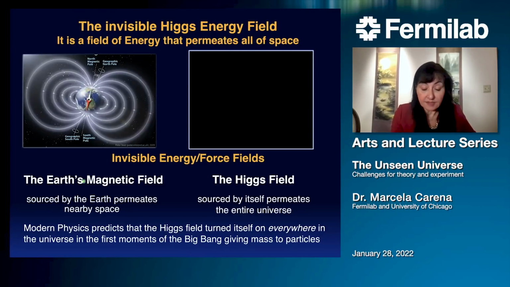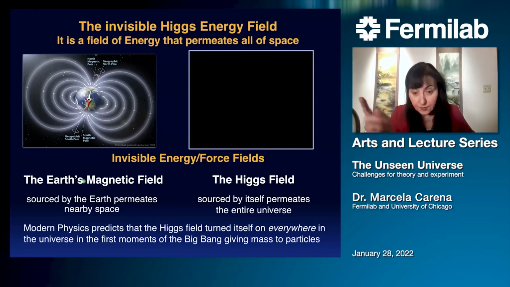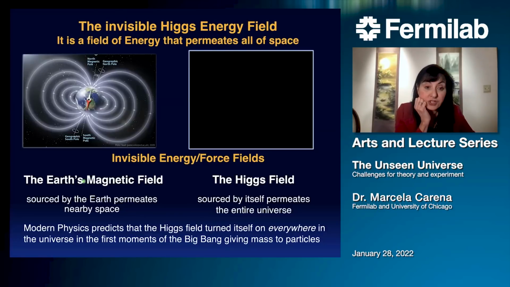So it has a source, the Earth, and a direction determined by the Earth spinning around itself. It is invisible, but we know it is there because it pulls on the needle of a compass and makes it point to north. The invisible Higgs energy field, which I very much hope you are seeing clearly here, is produced by itself. That's already quite puzzling.